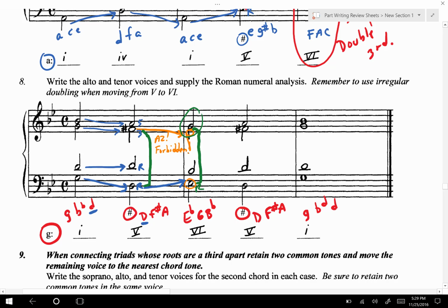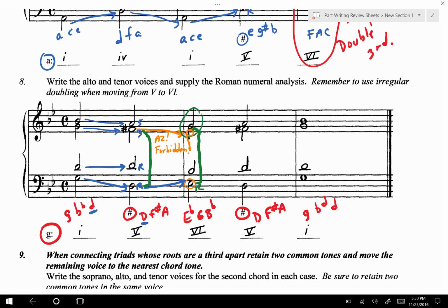And that's the whole point of doubling the third in this chord, is to avoid that interval of the augmented second. Now, once that irregularity in doubling occurs, the very next chord you're going to pick up with normal doubling, okay?